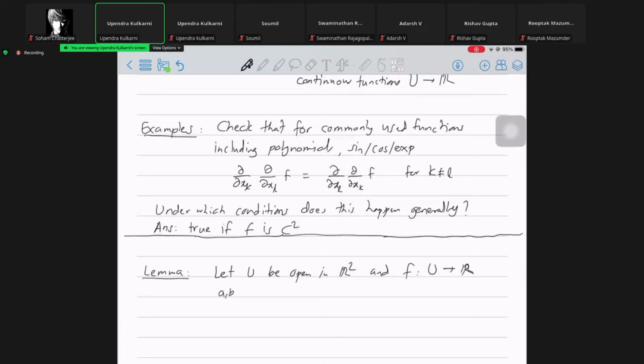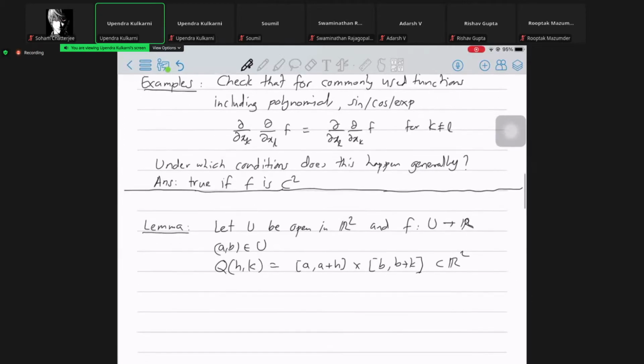We have to set up a little bit of terminology. Let us say that (A, B) is in U. I'm following the completely standard terminology, taken straight from Rudin's book, and Pramath has done it exactly the same way. This is going to be the rectangle, the closed rectangle [A, A+H] cross [B, B+K]. Let's draw this.